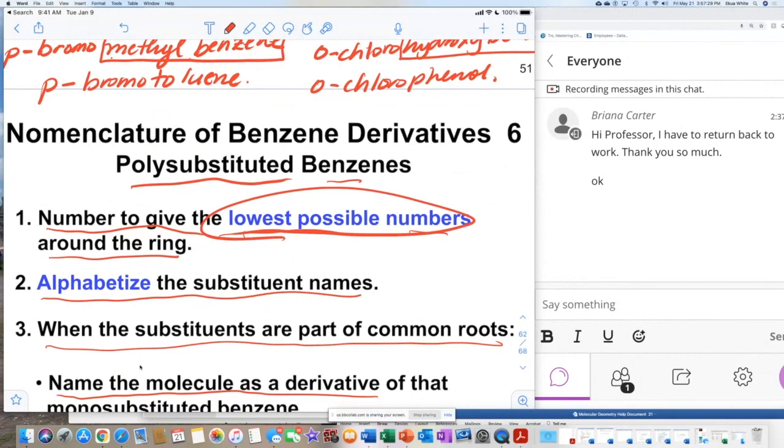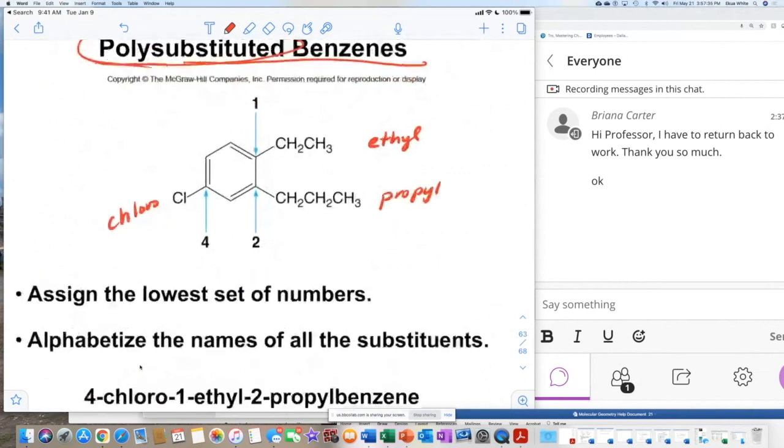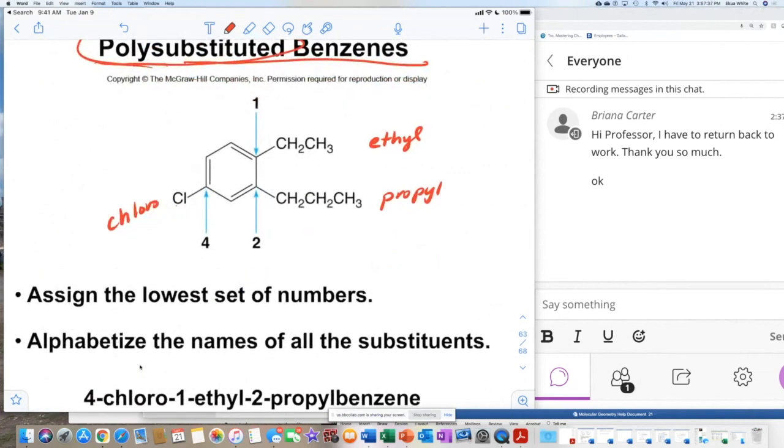So let's look at different combinations before we land at what they have, right? I'll look over here and see. What if I personally wanted chlorine to be 1? If chlorine is 1, and this is 2, this is 3, this is 4, my numbers end up being 1, 3, and 4. Okay?